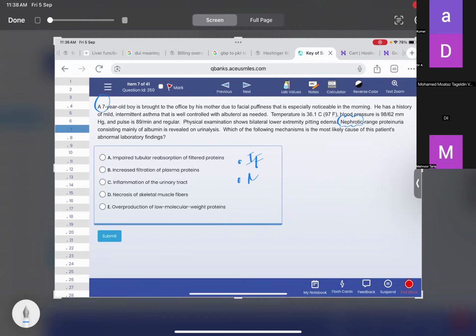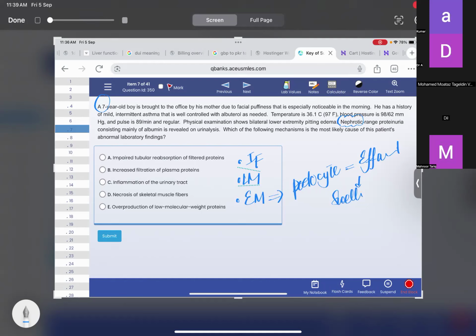We have normal glomeruli on light microscopy. We only see on electron microscopy that podocytes are fused, effaced. And the effacement is because of cytokines.